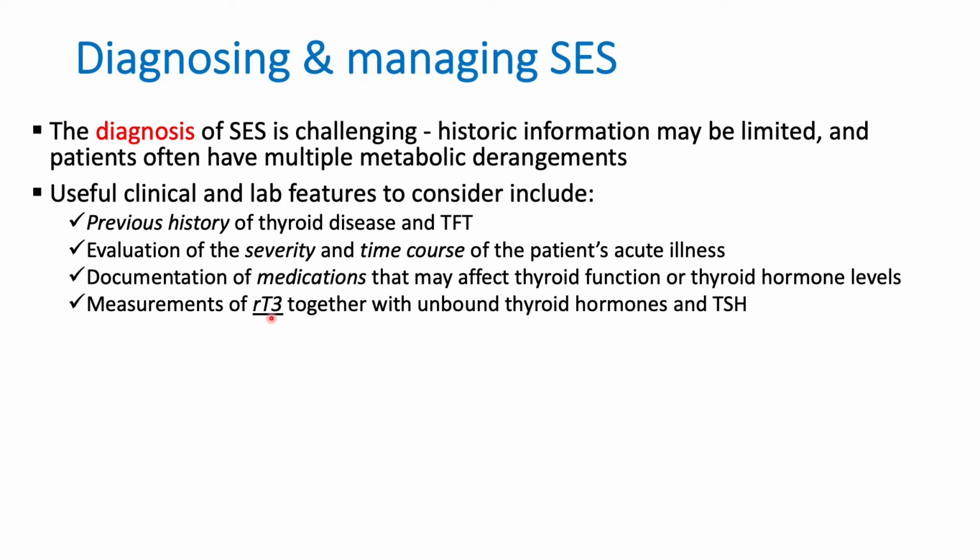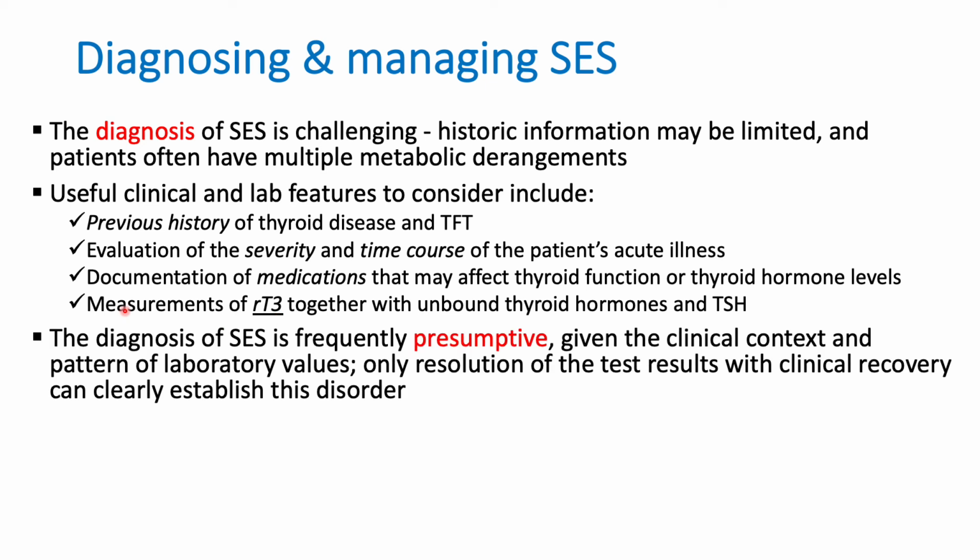And then sometimes measuring the reverse T3 might be helpful, since it's the one that's most likely to be persistently elevated compared to the other thyroid function tests or thyroid hormones that we usually measure.